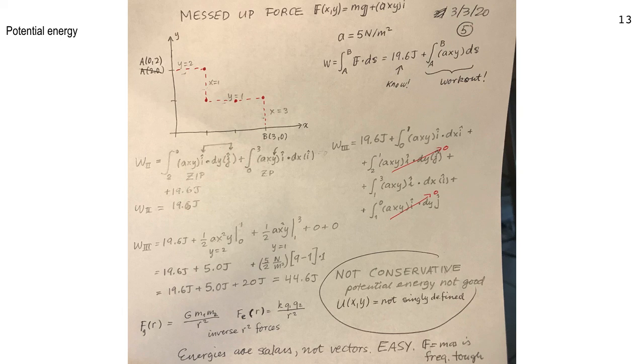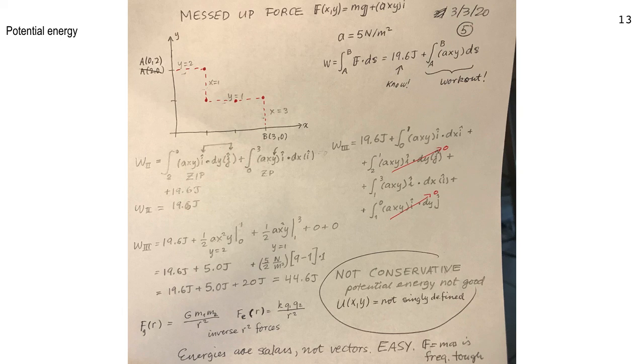So this is equal to 19.6 joules. That's 5 joules. And this one I've got 5 over 2 newtons per square meter. That's from the 1/2 a. And then I've got 9 minus 1 times 1.